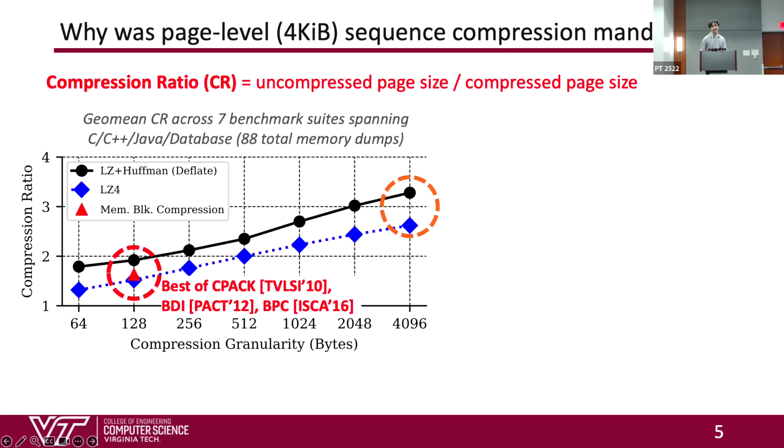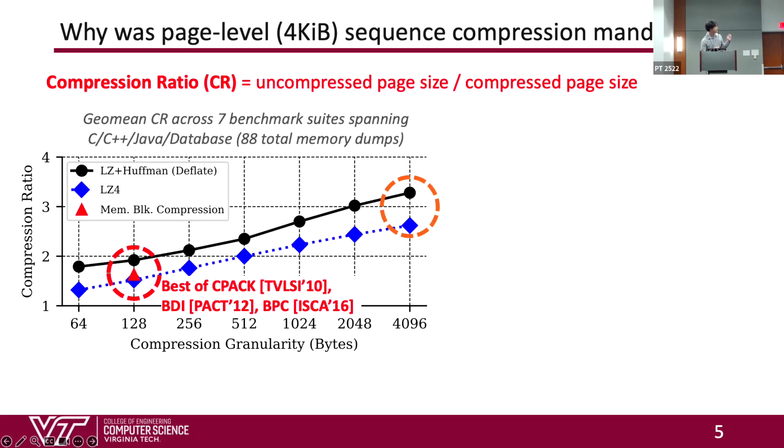The short answer is just that page level sequence compression gets the highest compression ratios out of all prior hardware accelerated compression work. You can see in the graph that on the x-axis we have the compression granularity, which is the data unit that gets independently compressed at one time.